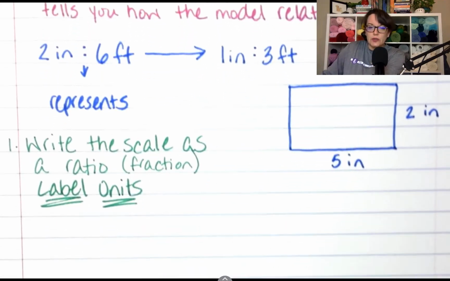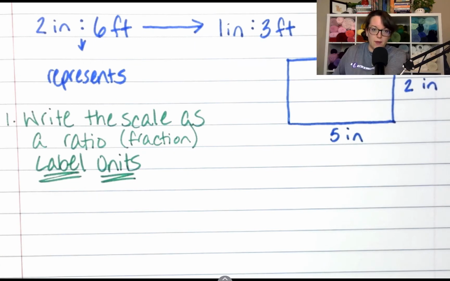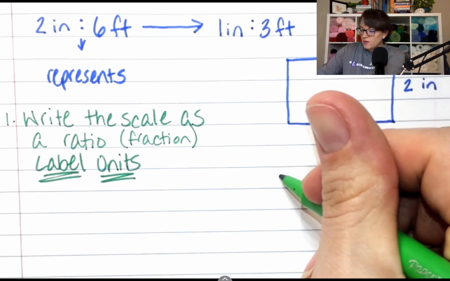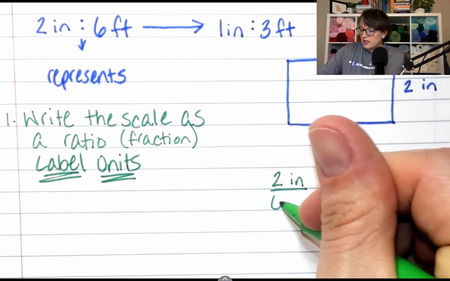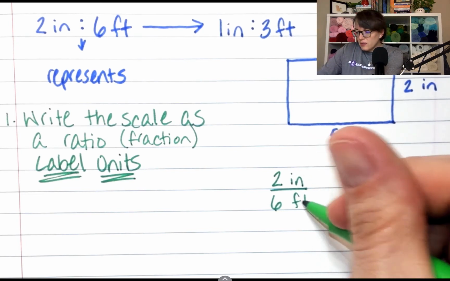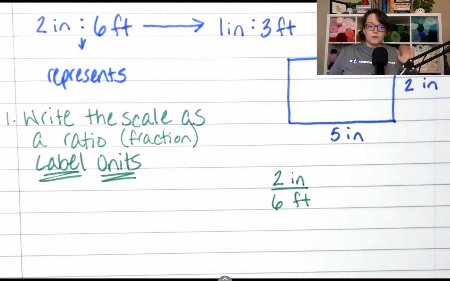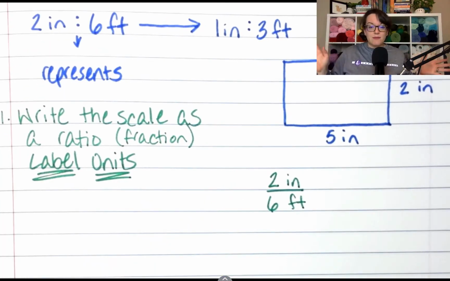So I have 2 inches is 6 feet. I'm going to use that one in case you decide not to simplify. So step one, I've got 2 inches over 6. What's 6 again? Is it inches or feet? It's feet. Just making sure you're paying attention. All right, that's step one. You just take these numbers and write them like that. It doesn't matter which one's on top or bottom. You get to decide. Just stick with it.